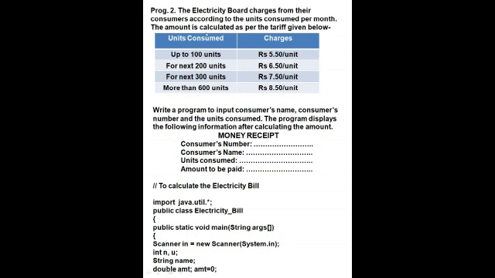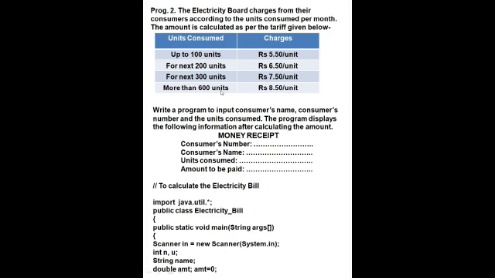Next program is this. The electricity board charges for their consumers. Up to 100 units, the electricity board charges 5.50 per unit. Next 200 units, after that, will be charged 6.50 per unit. Then next 300, 7.50 per unit.